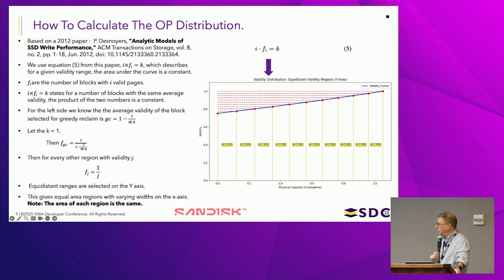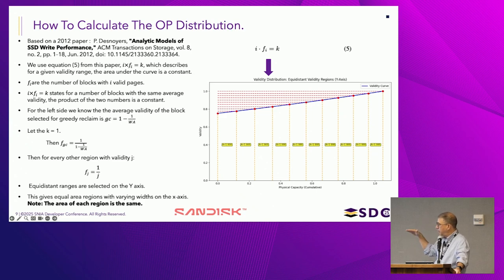And we know the amount of validity at that point is basically 1 minus 1 over the write amp. Given that we know where this curve intercepts on the left-hand side, because if we know the OP, we can determine the write amp, and if we know the write amp, we can use this formula 1 minus 1 over the write amp to get the validity.